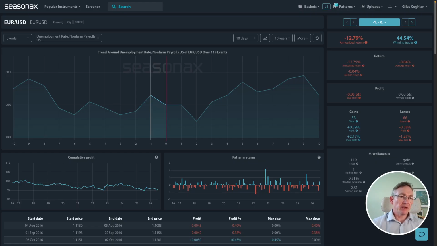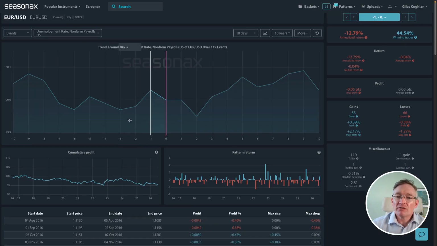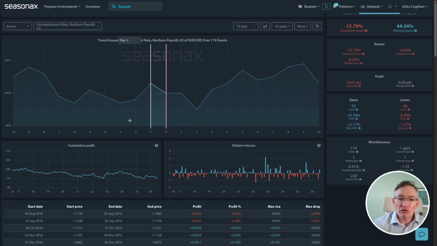Now, one of the biggest mistakes short traders make is having unrealistic expectations. Sometimes the market's already priced in the news. Sometimes a large move can be statistically unlikely, and Seasonax allows you to analyze average post-event moves, maximum historical advances, maximum historical declines, and typical trading ranges.